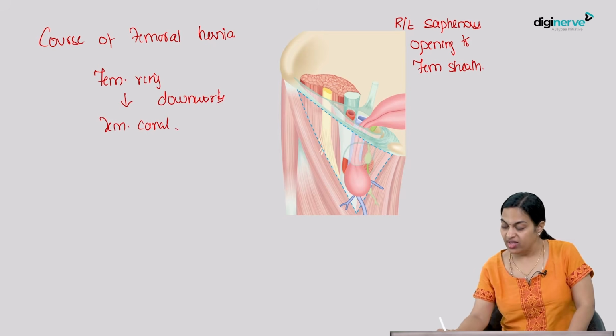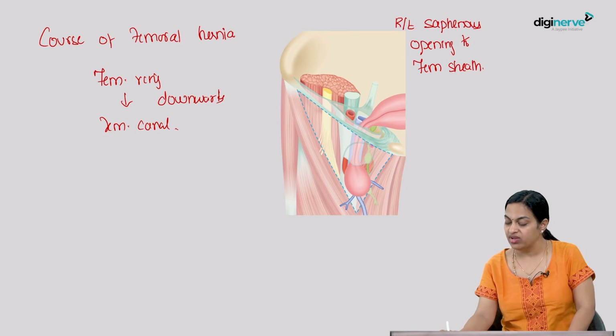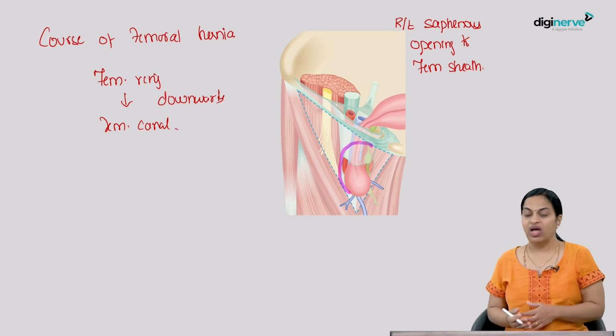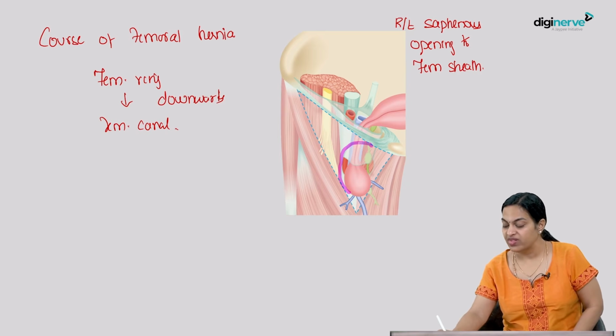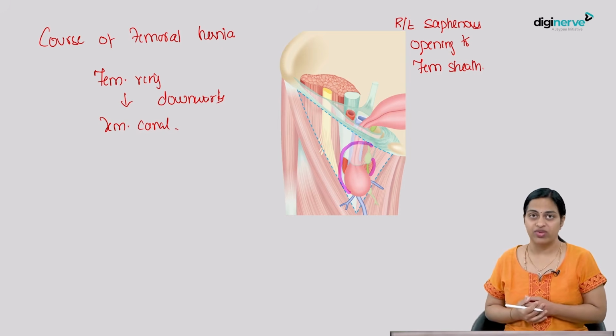So, relation of the saphenous opening. Can you appreciate the saphenous opening here? The upper lateral and the lower margin of the saphenous opening actually lie in front of the femoral vessels, whereas the medial margin, ill-defined, goes behind the femoral vessels.